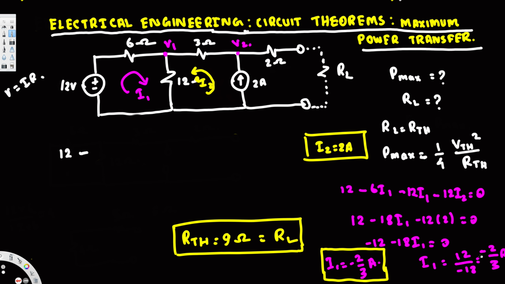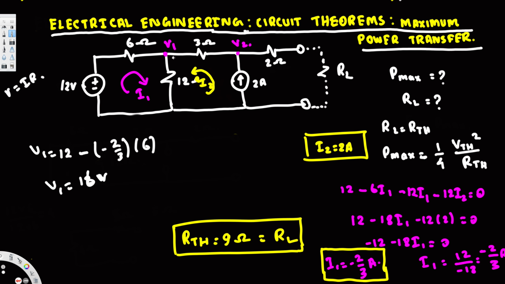I1 we found out negative 2 over 3. So this is going to be minus 2 over 3 times 6. And that's going to make this one 2, 4. So negative 4 plus 12, that's going to be 16 voltage. So V1 is 16 voltage.